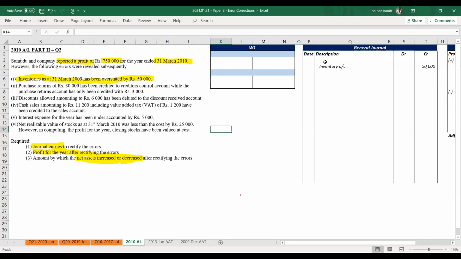So inventory account credit, and cost of sales, or we can debit the income statement. The cost of sales should be debited 50,000.